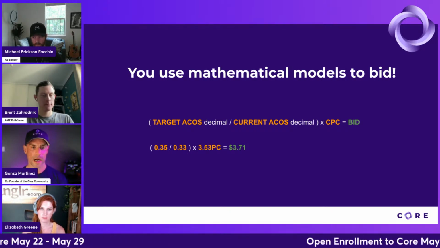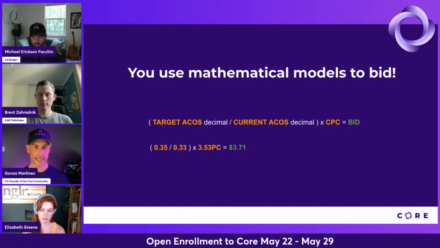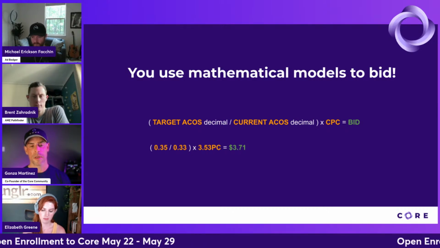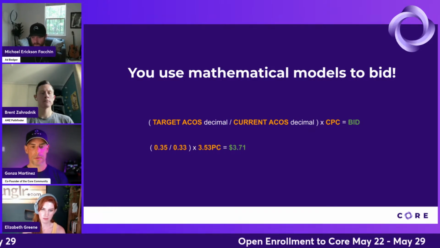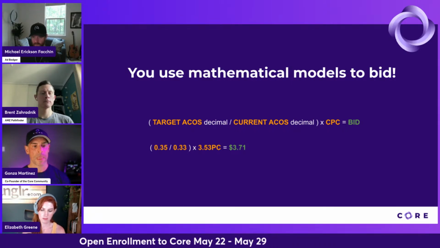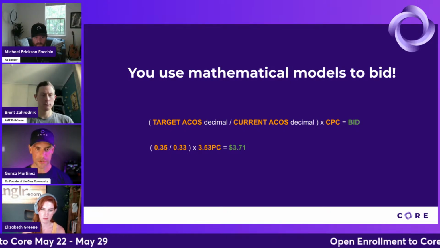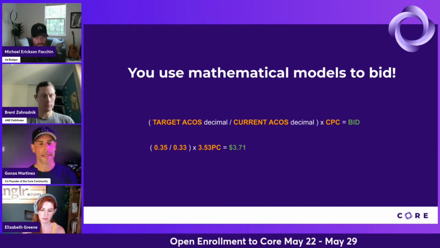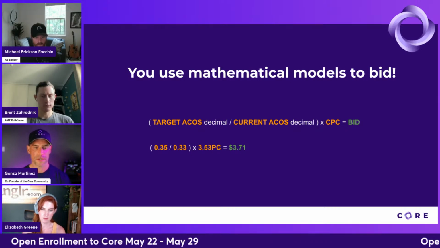I use the target ACOS, current ACOS and CPC model, which is dividing the target ACOS in decimal by the current ACOS in decimal multiplied by the current CPC, and that gives you the bid that you should be placing to get the target ACOS. Provided that obviously your conversion rate remains the same, that you don't change your price, and no one else is running stupid high discounts or anything that can hurt your conversion rate.